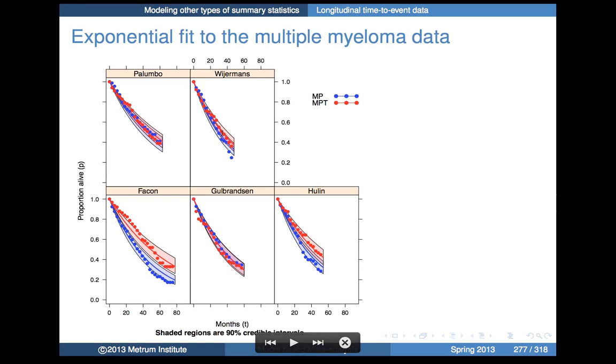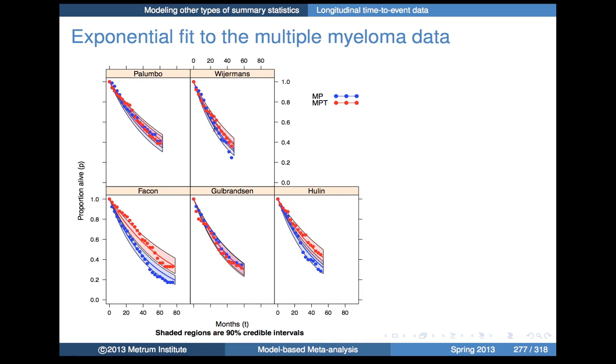What I'm not showing you is that we could calculate the probability of death in each interval and plot that versus the observed probabilities of death in each interval. That would be another kind of diagnostic plot, and if you're interested, you can add it to your homework.